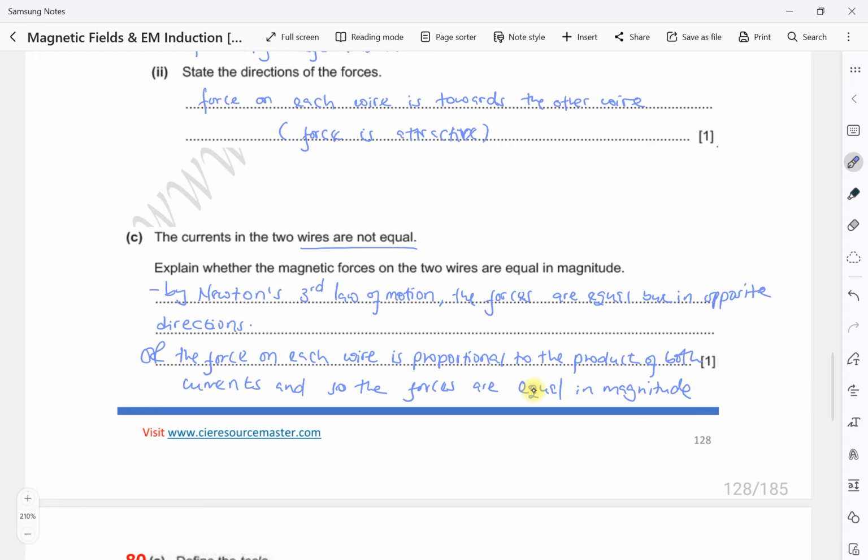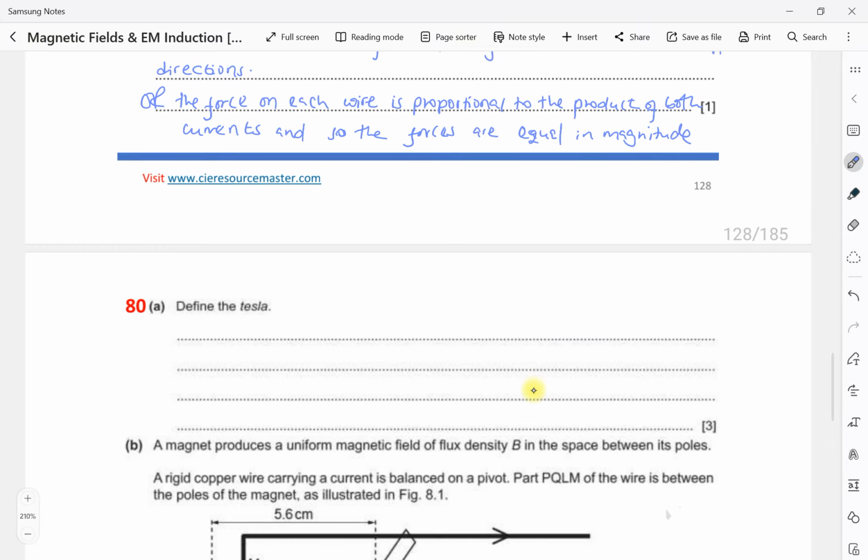Because the force depends on the product of the two currents, it is going to be equal in magnitude.